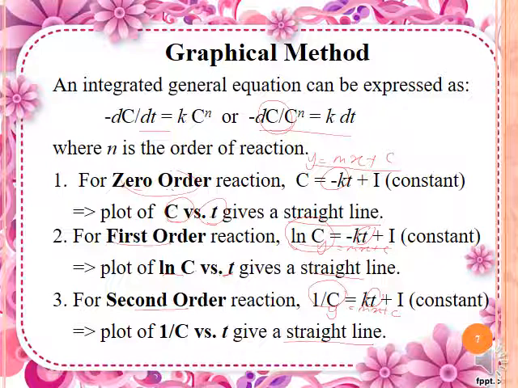Next, try to plot ln c versus t. Still not a straight line obtained, then it's not a first order reaction. And moving on to the second order, you try plotting 1 over concentration versus t. And if you get a straight line, then that particular reaction obeys second order reaction. And that's how you do the graphical method.